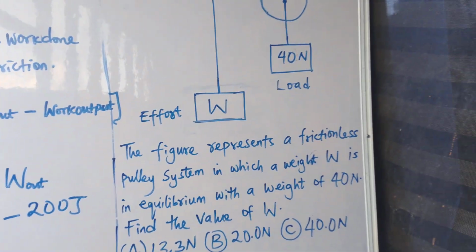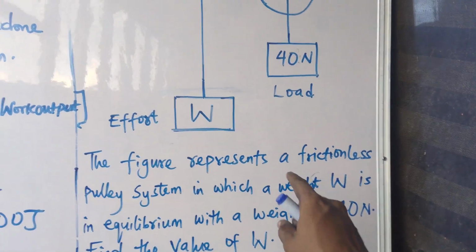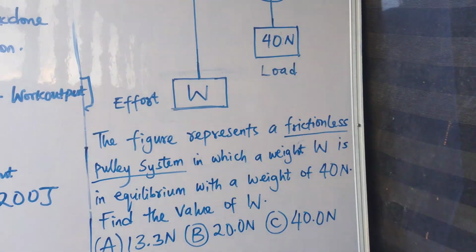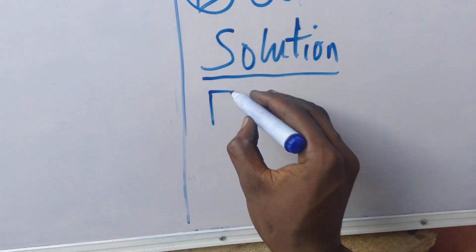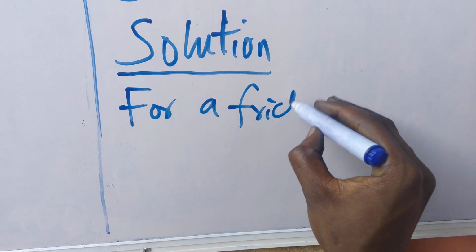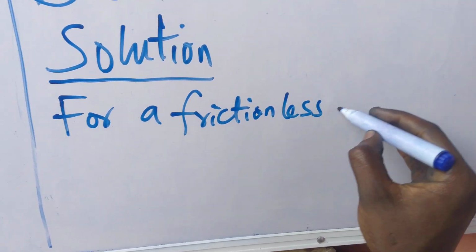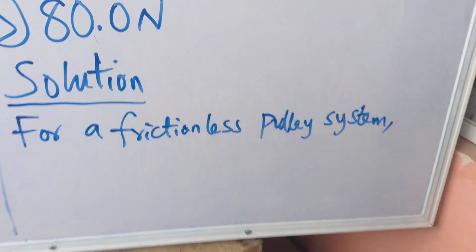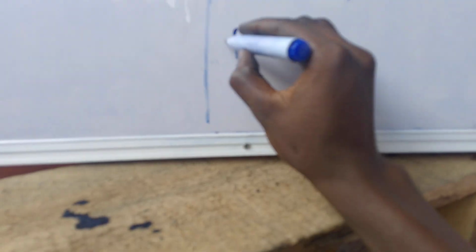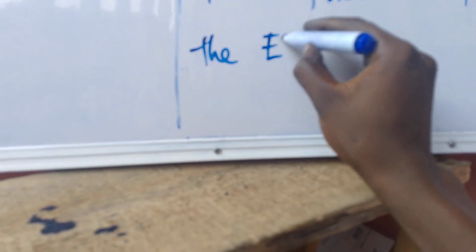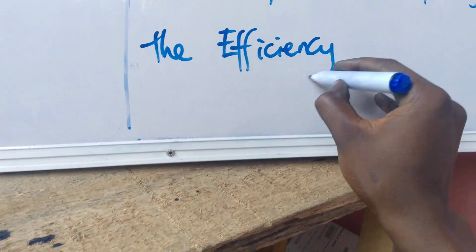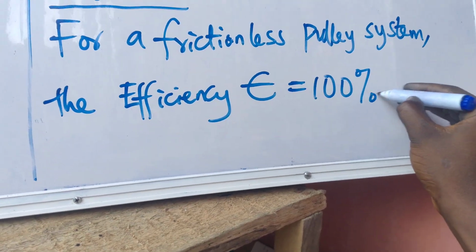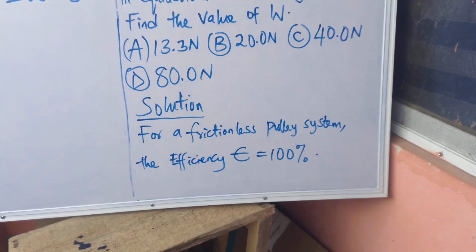Now if you see here, they told us that it represents a frictionless pulley system. So for a frictionless pulley system, the efficiency E is equal to 100%.